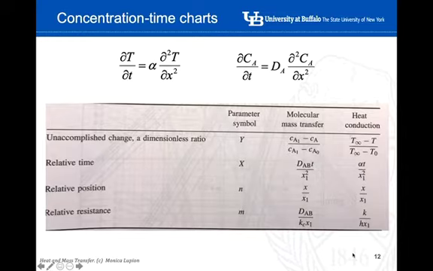But the procedure will be the same as we've seen already in heat conduction. We will need to calculate 3 out of these 4 parameters, and then we're going to use the graph to determine the value of the last parameter. And with that, we're going to be able to calculate either the time or the final concentration.